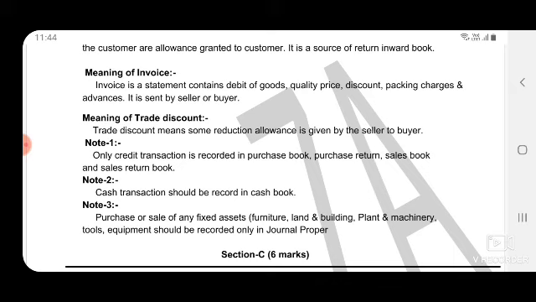Next, last note: purchase or sale of any fixed assets like furniture, land and building, plant and machinery, or any other fixed assets should not be recorded in the purchase book or sales book. That will be recorded in a separate journal proper. So this is about subsidiary books.